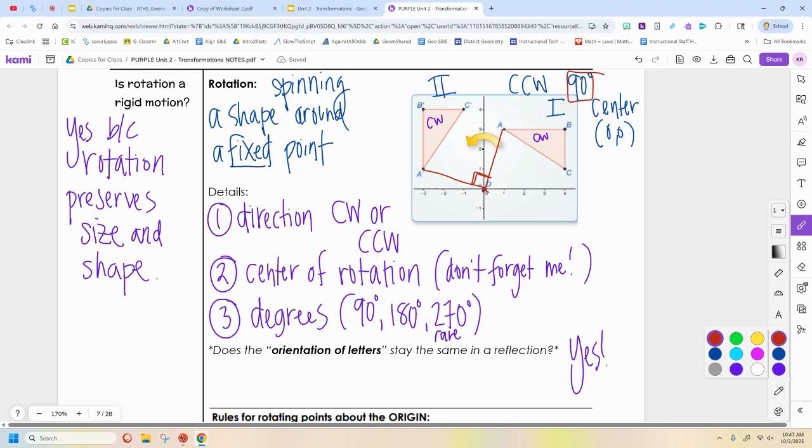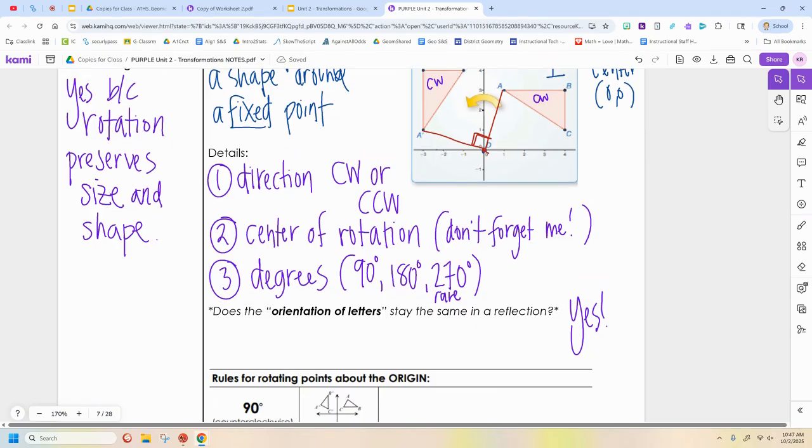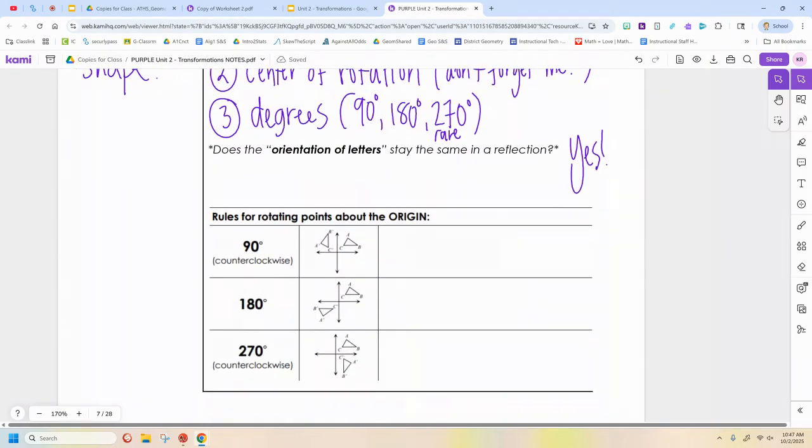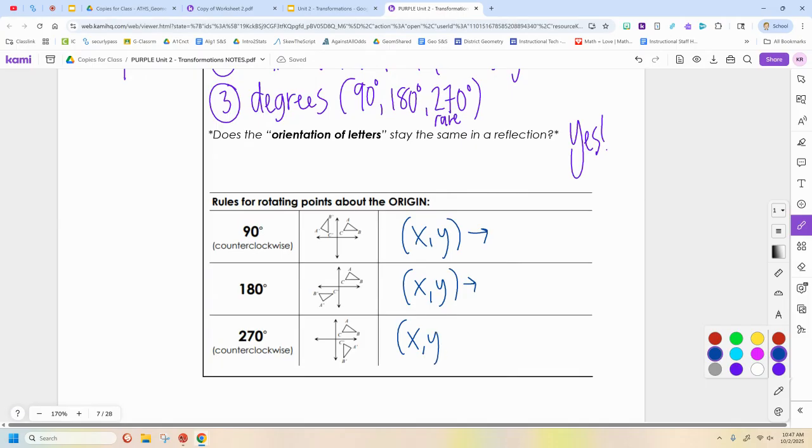Now, we're not going to fill in the table down below here yet. Basically, there are beautiful rules that start off with X, Y rules for 90 degrees, 180 degrees, and 270 degrees. They end up becoming kind of obvious as we do things like turn our paper.